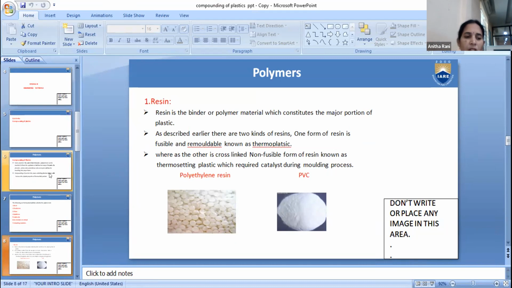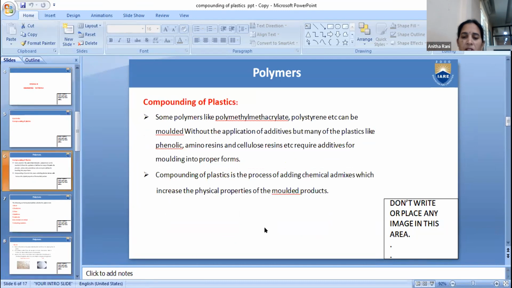After that, you will add some chemicals. You will add some ingredients, some additives. Along with the polymer resin, polyvinyl chloride, in the container, you are going to add ingredients and you will mix everything. Mixture of polymer product along with the ingredients.